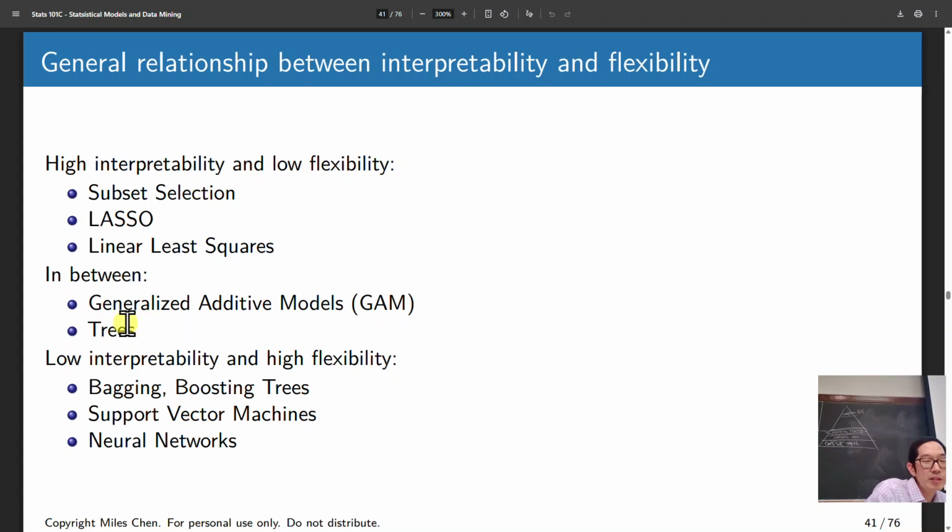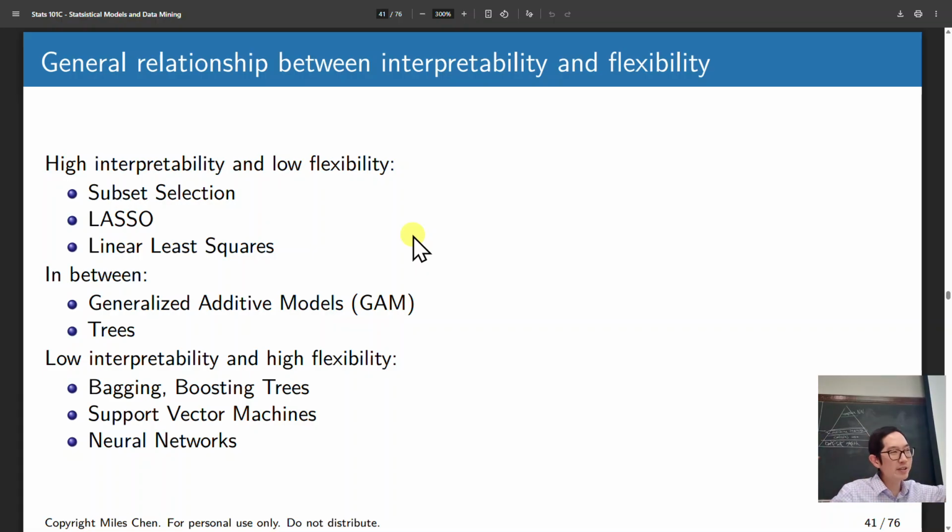In between, we have decision trees and then random forests. We can make these more flexible by making them more complicated, like boosting our trees. We can make linear regression more flexible by generalizing it with generalized additive models, which fit splines and things like that.